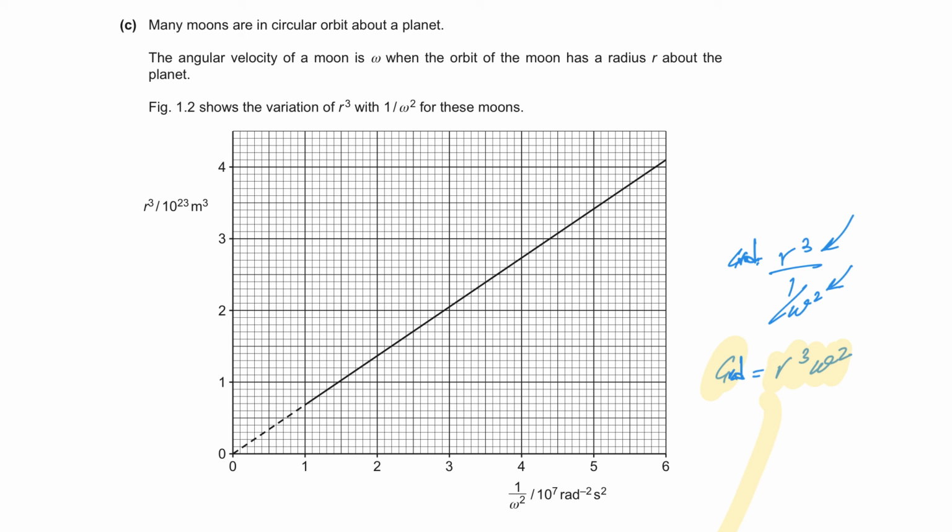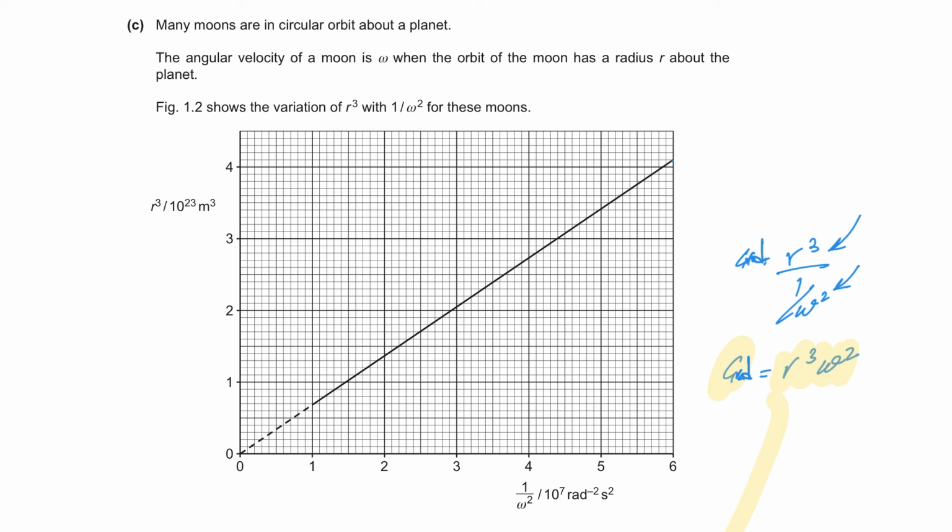So the gradient is this value, which is 4.1 into 10 raised to the power 23. Always have a look on the y-axis, upon 6 into 10 raised to the power 7, and the x-axis. Always check the axis of the graph.